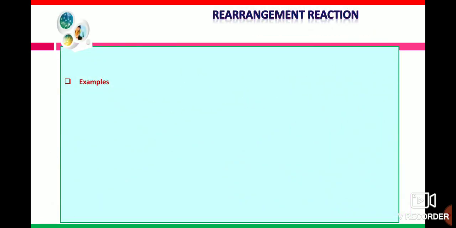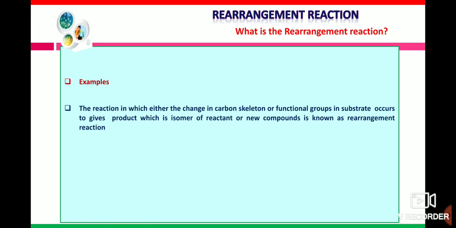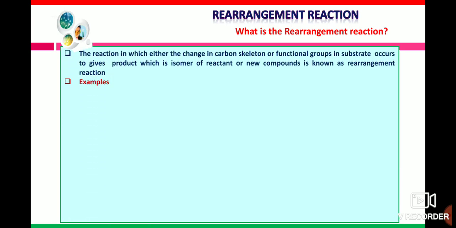And the last type of organic reaction is known as rearrangement reaction. What is the rearrangement reaction? The reaction in which either a change in carbon skeleton or functional group in the substrate occurs to give a product which is an isomer of the reactant, or a new compound is formed, is known as rearrangement reaction.